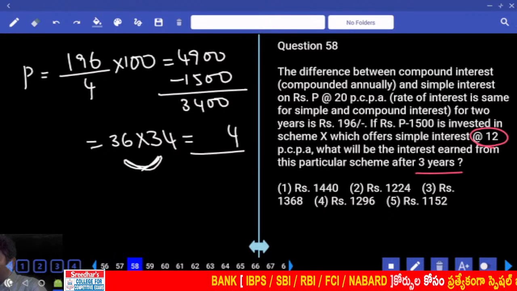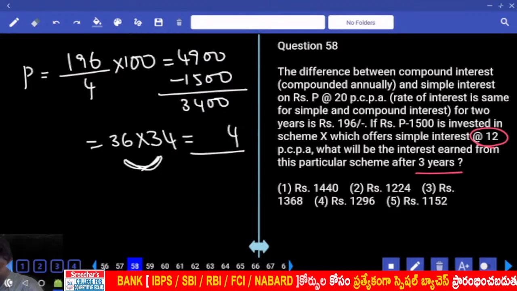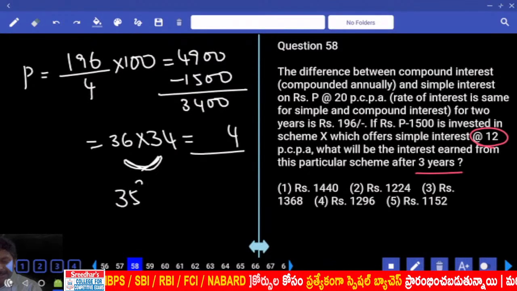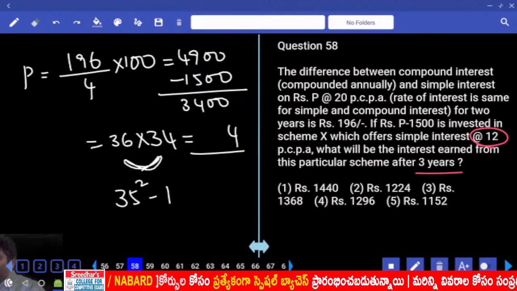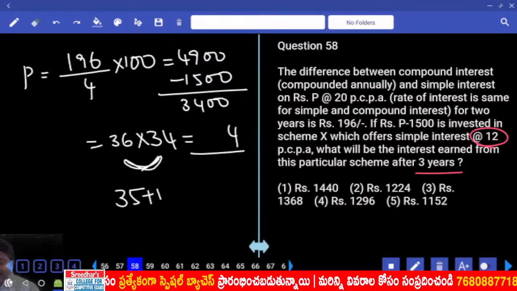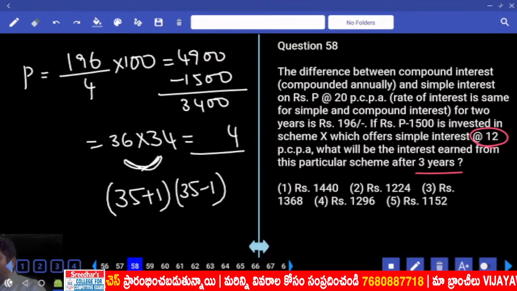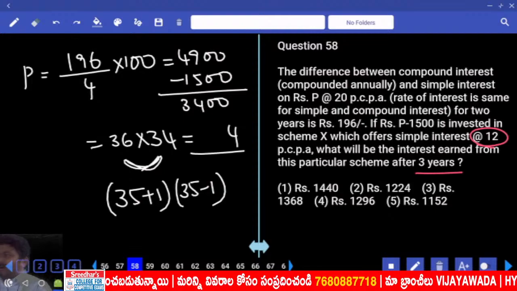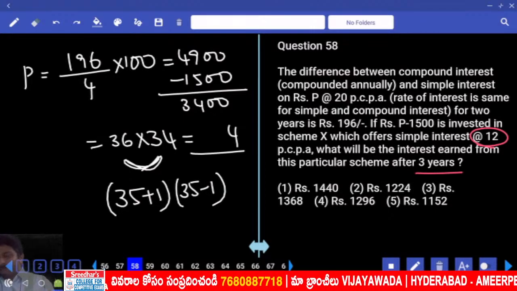Otherwise also, this is a product of consecutive even numbers. The answer is the middle number square minus 1 only. Because 36 we can write as 35 plus 1, and 34 as 35 minus 1. A plus B into A minus B concept, A square minus B square. 35 square minus 1.